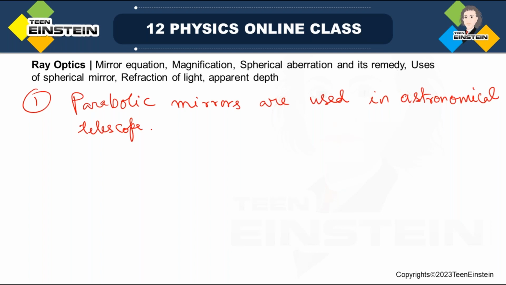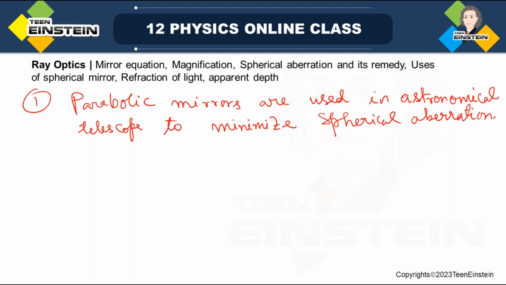But if we use a large aperture spherical mirror, then there will be a lot of spherical aberration. So parabolic mirrors are used in astronomical telescopes to minimize spherical aberration.